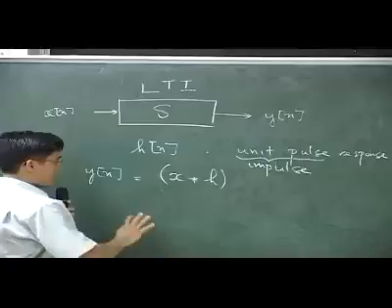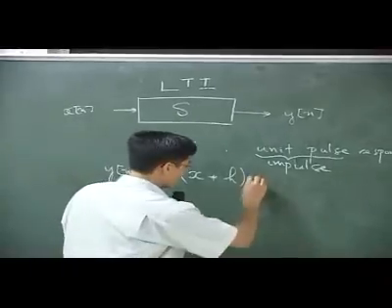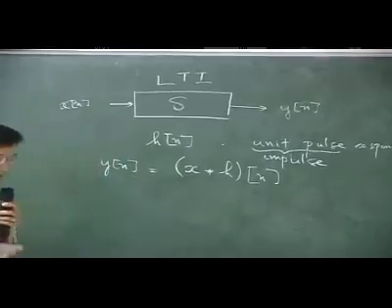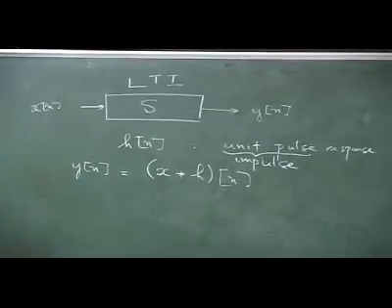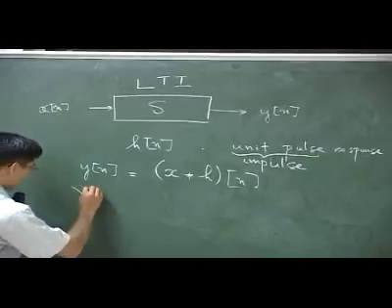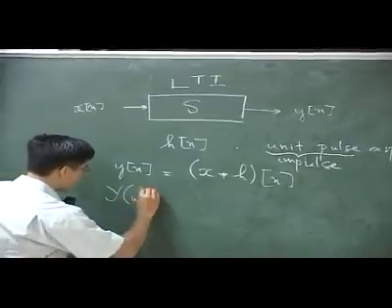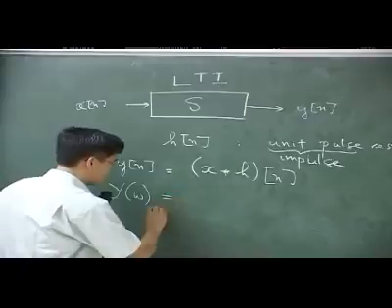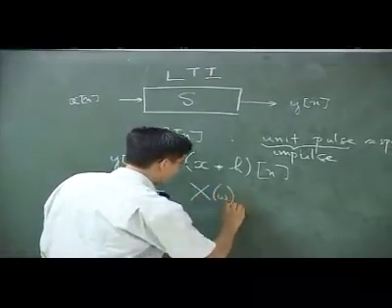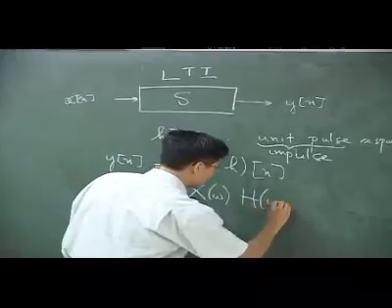So I got that. And the relationship between the input and output can be completely described by the convolution. And I left as an exercise, we can easily show that the convolution in time becomes a multiplication in frequency.